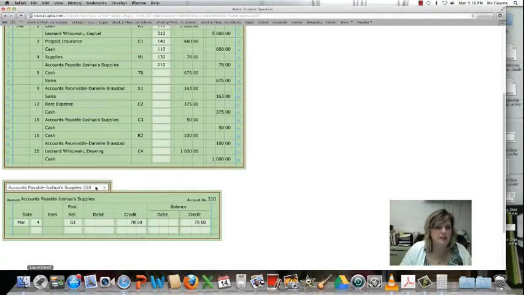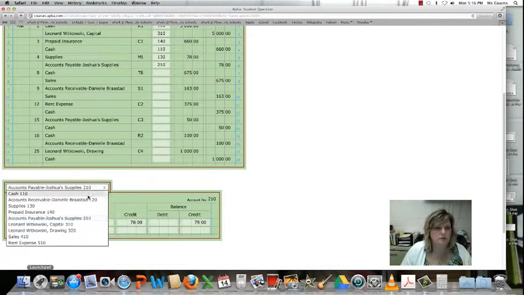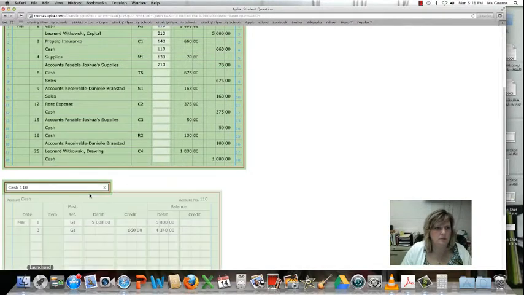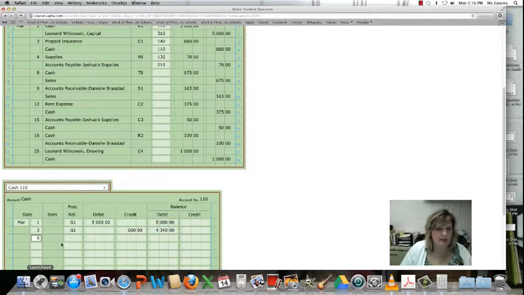Next, I'm going back to my cash account. On March 8th, I have a debit of $675 to cash. So I'm going to put in my 8 here, my G1 from General Journal, page 1. I have a debit for $675. And because cash has a debit normal balance, this is increasing my cash account.